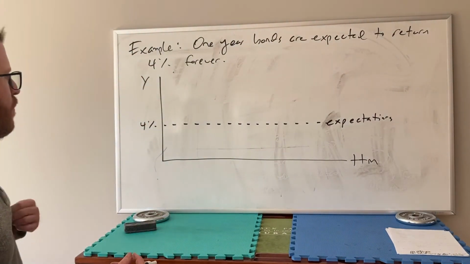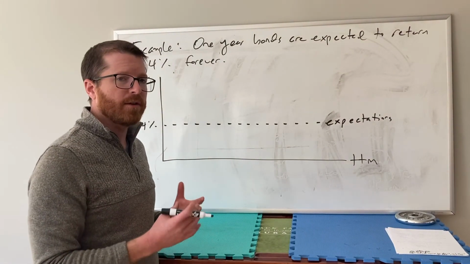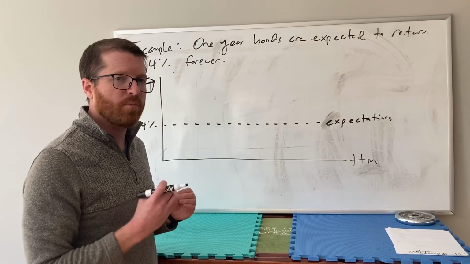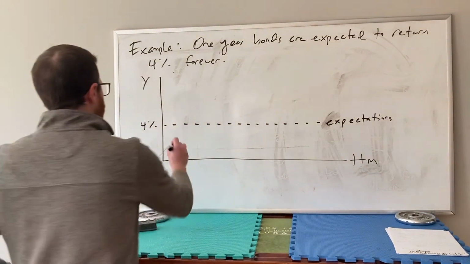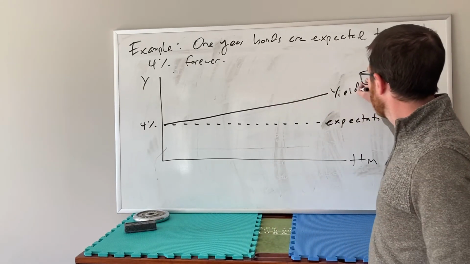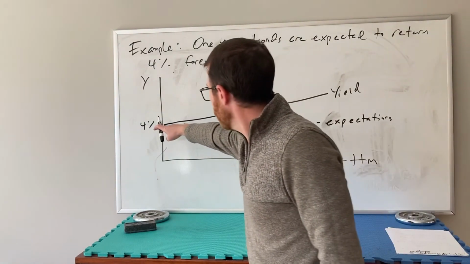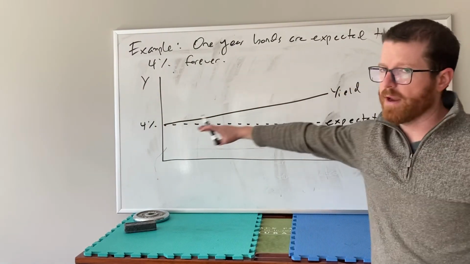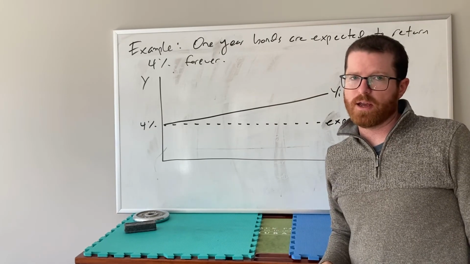However, what we know is the expectation theory is not fully correct because it does not incorporate the risk premium. So if this is the expectation, in reality, the yield would look something like that. So the yield curve is increasing at some rate relative to what the expectation theory would suggest, all right?